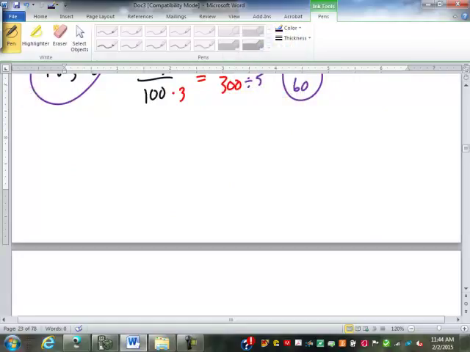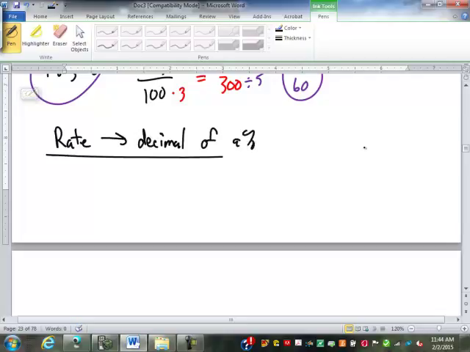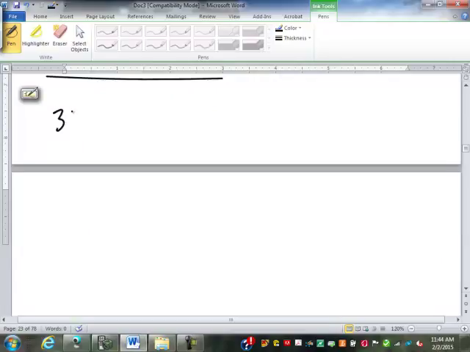More common than having to convert a percent into a fraction is having to convert a percent into a decimal. The decimal version of a percent is often called a rate. So when you convert a percent into a rate or a decimal, we go back to that 38%, which was just 38 out of 100.